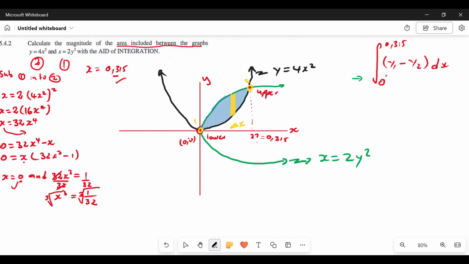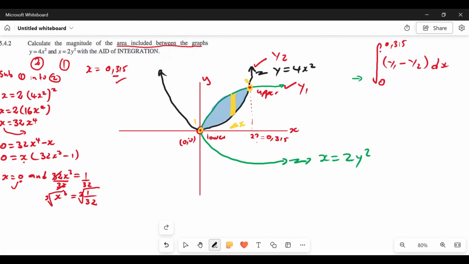So we will be integrating graph 1 minus graph 2. Y1, when you look at this enclosed area, is at the top here, while y2 is at the bottom there. That's the reason why we are subtracting.